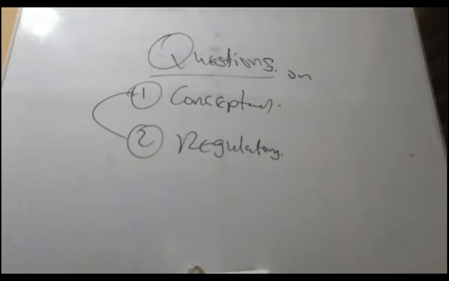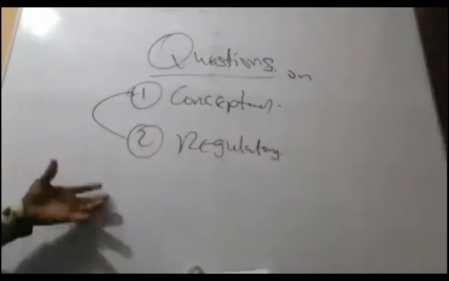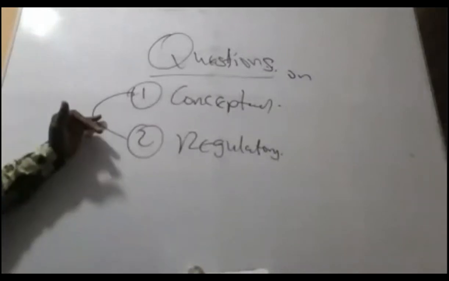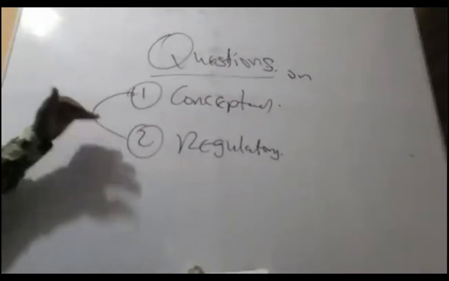Tell the examiner that it deals with issues such as qualitative characteristics, the underlying assumption, recognition and measurement of elements in the financial statement. That is how you solve this particular question. So that is just the conceptual framework section.